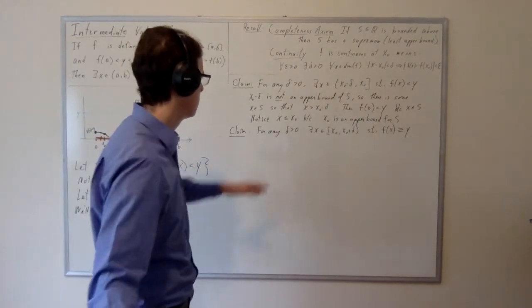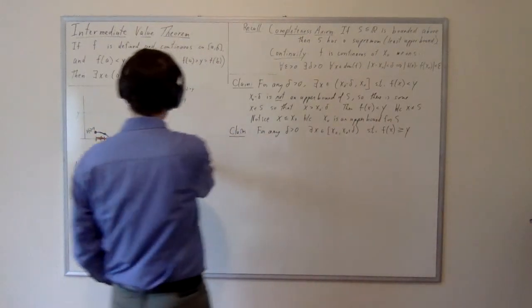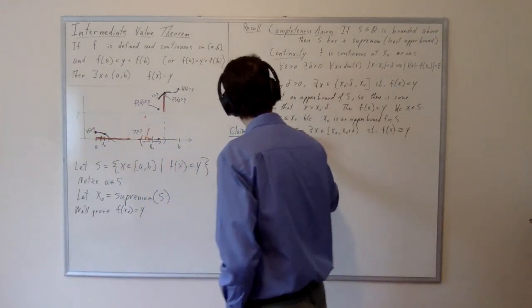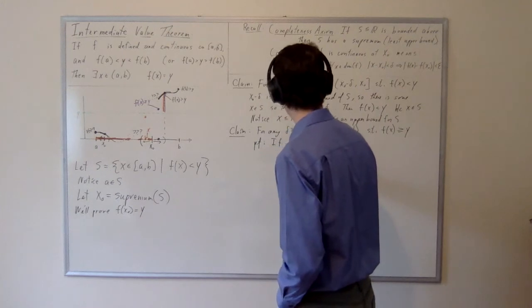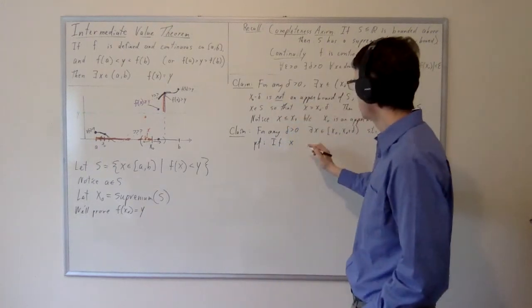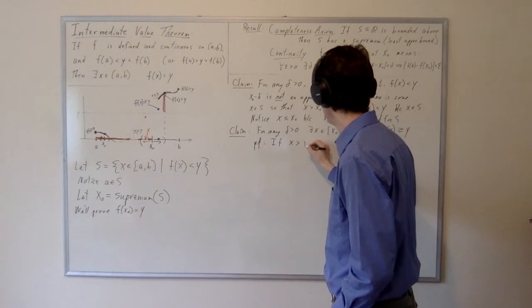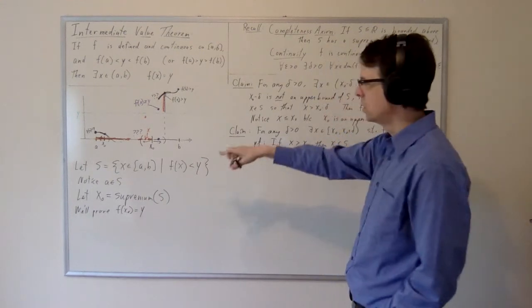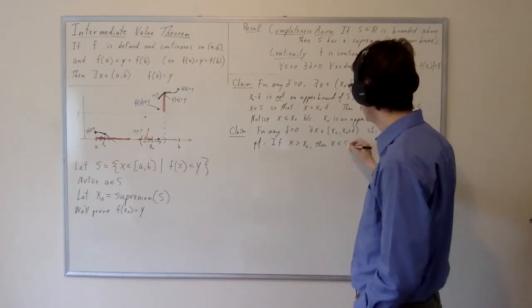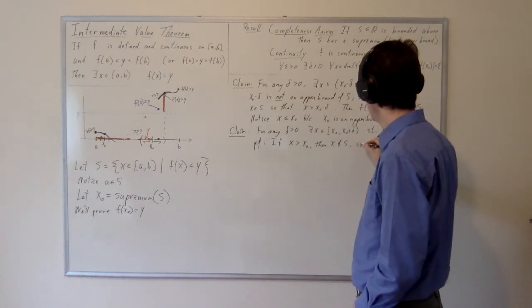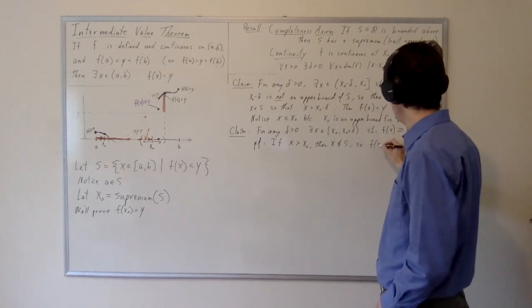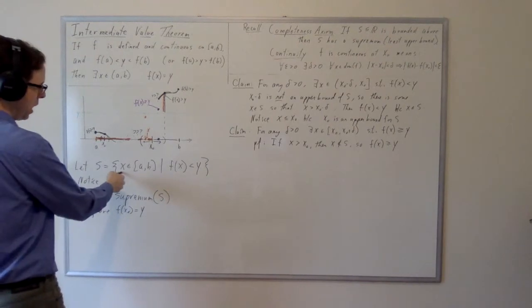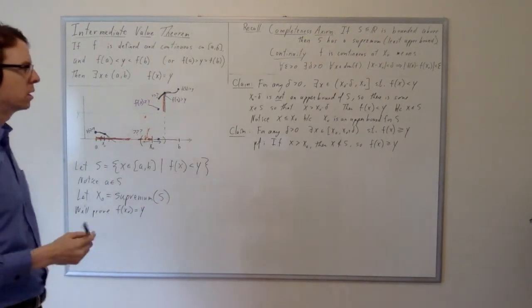So just notice here that if x is any value greater than x naught, then x is just not in S because x naught is an upper bound for S. And if it's not in S, then f of x is going to be greater than or equal to y because the definition of S is that it's all of the x's for which f of x is less than y.